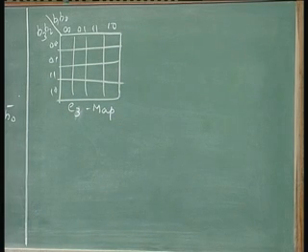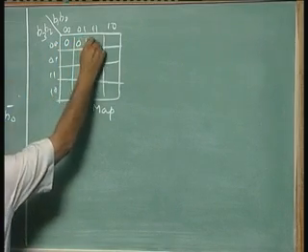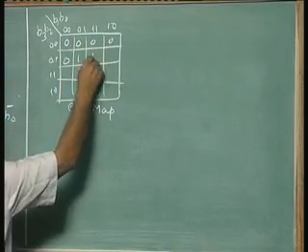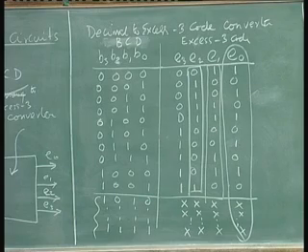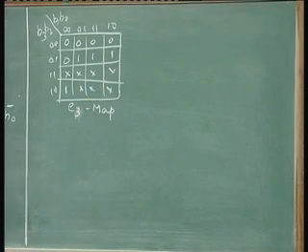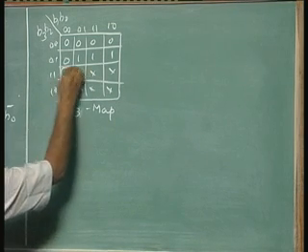First 5 zeros, then 5 ones. Rest I don't care. Is that right? So this can be one big thing.